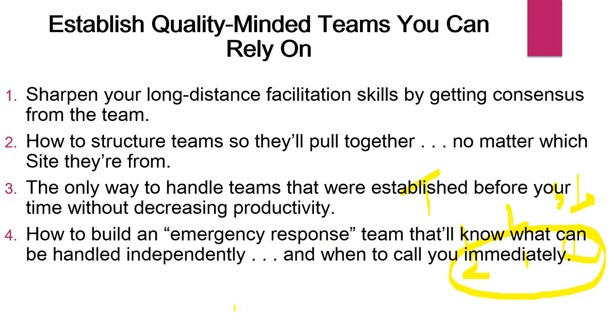They should take responsibility immediately. If there is an issue, they should respond immediately to fix the problem, and then communicate to you, but should not ask you what to do, what not to do. They should be aware of the problem as well as the solution, the way to fix it. Make that kind of team. That is known as an established quality minded team you can rely on. Give them additional responsibility.